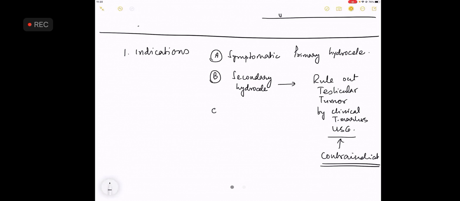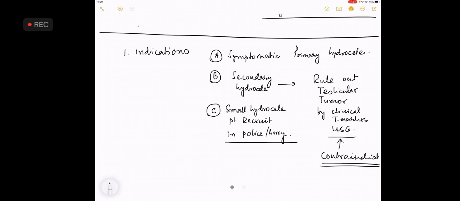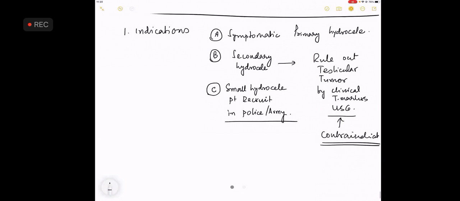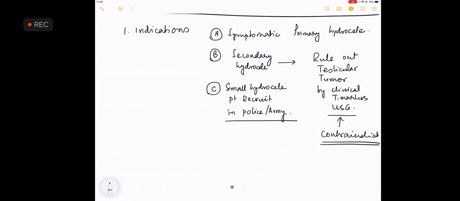The third part is a small hydrocele, but the patient wants to get recruited in the police or army. This is some examiners' favorite answer. The patient doesn't have any problem, but he wants to be recruited in the police or the army. So that is the reason for the operation.